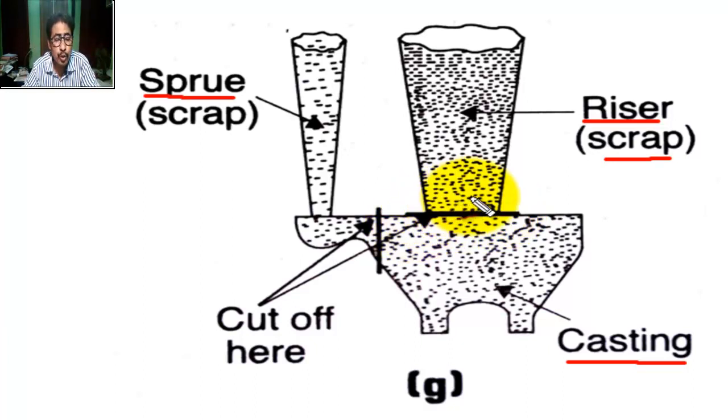Break the mold and take out the casting. Cut off the runner and riser with a chisel. Casting is now ready. Okay.